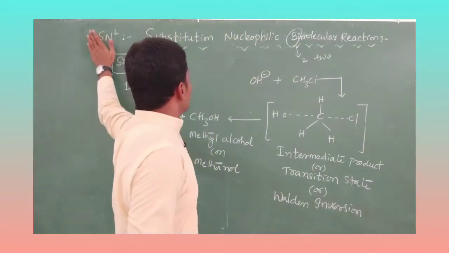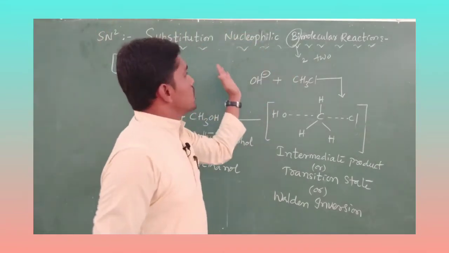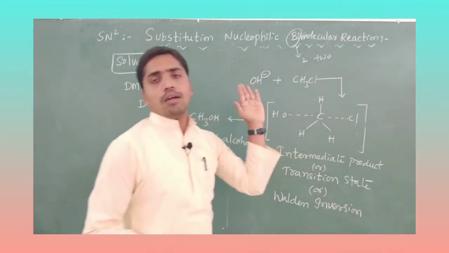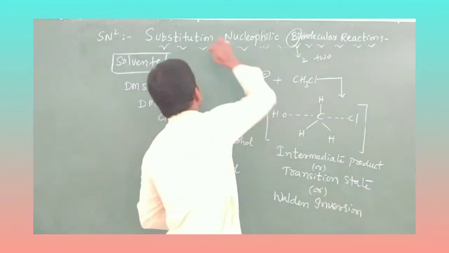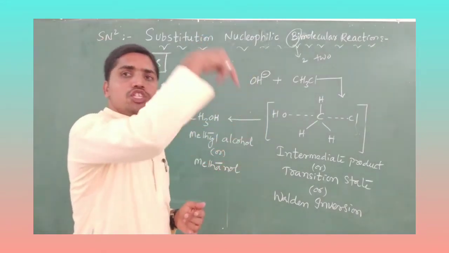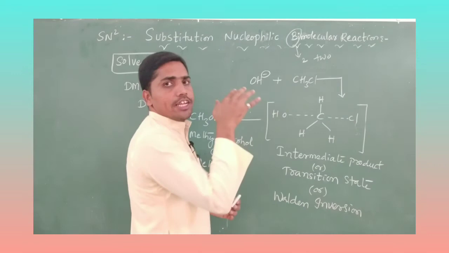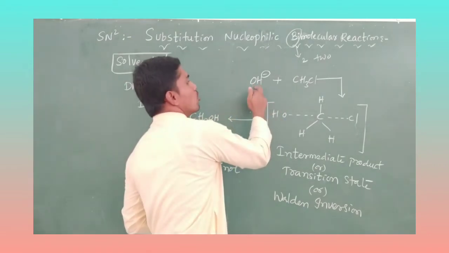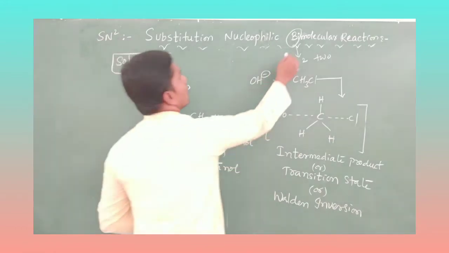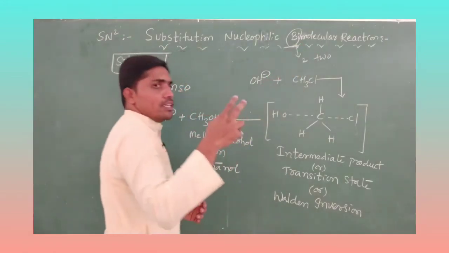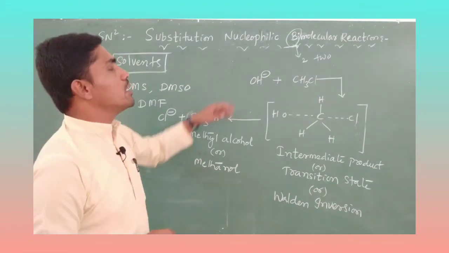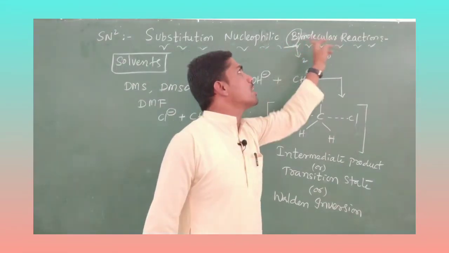This type of reaction depends on these two reactants, both the nucleophile as well as the alkyl halide. That's why we use 'bi'. It means it depends on two molecules. That's why we say bimolecular.